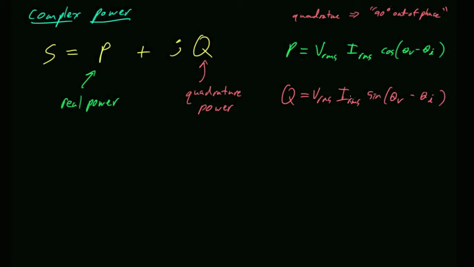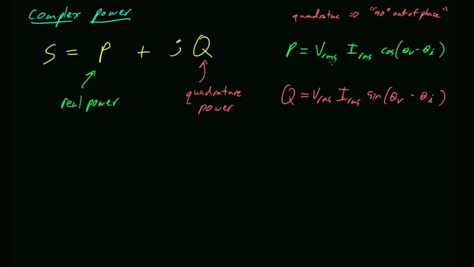So, you remember when we did the example with the resistor and the capacitor? And we calculated how much power was being consumed in the resistor and how much power was being consumed in the capacitor. We found that all the power was consumed in the resistor, and on average, 0 power was being consumed in the capacitor. Turns out, we were only talking about real power.